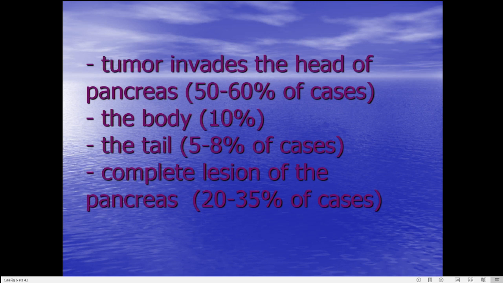Tumor invades the head of pancreas most commonly, in 50 to 60% of all cases. The body of pancreas 10% of cases. The tail 5 to 8% of cases. Complete lesion of the pancreas 20 to 35% of cases.